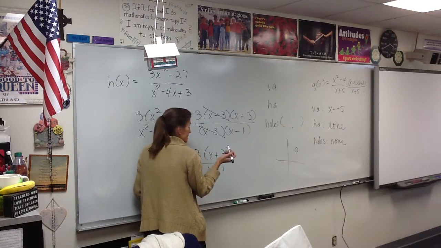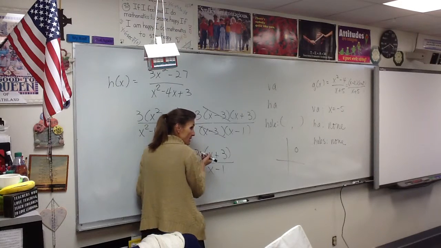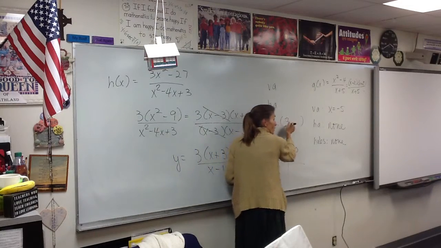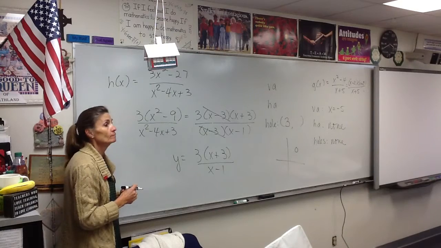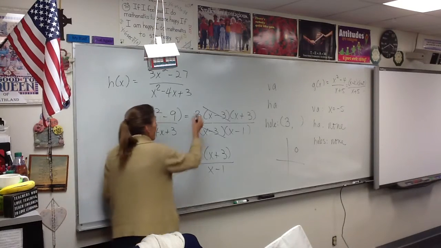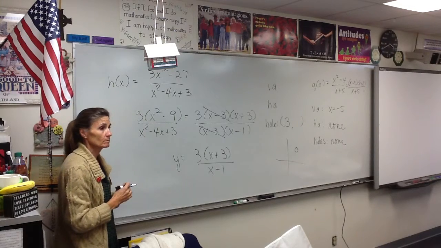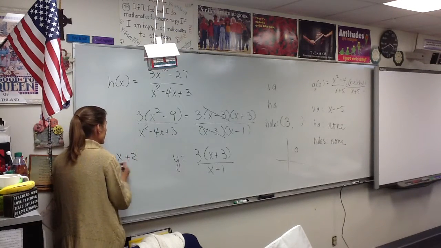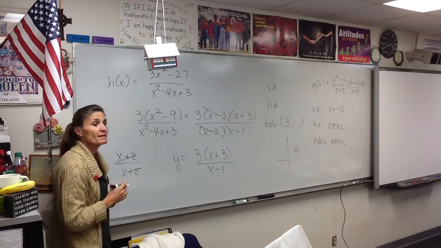It's the opposite. So since I canceled X minus 3, my X value of my hole will be positive 3. What is the opposite of what you canceled? So if you had a problem where you canceled out an X plus 2, it would be at -2.